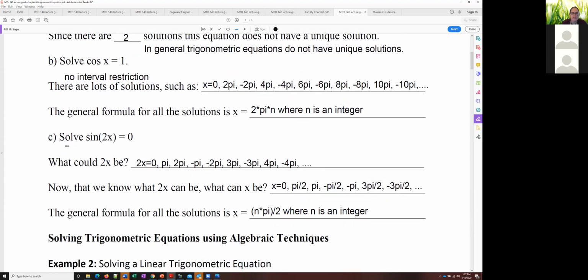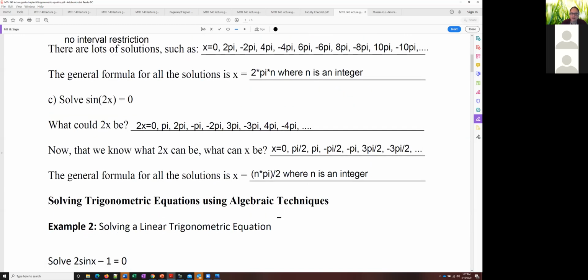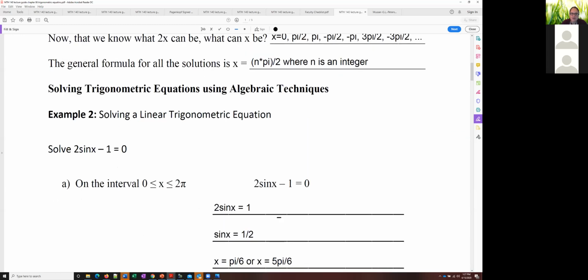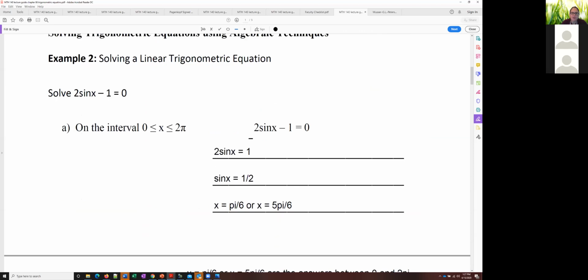And then for part C, I solved the sine of 2x equals 0, and I got several different answers. Then I wanted a way to succinctly write down that infinite number of answers. On the next one, first we solved from 0 to 2 pi, and we got 2 answers between 0 and 2 pi.